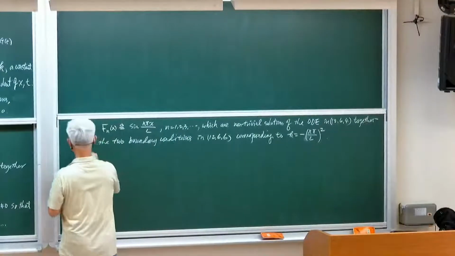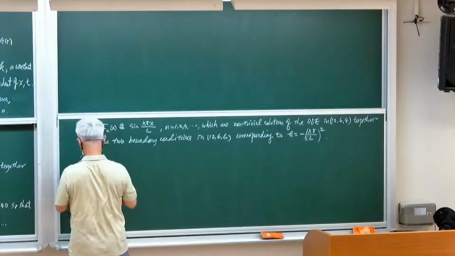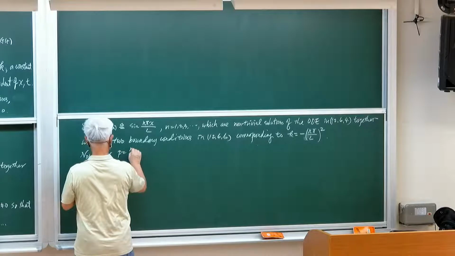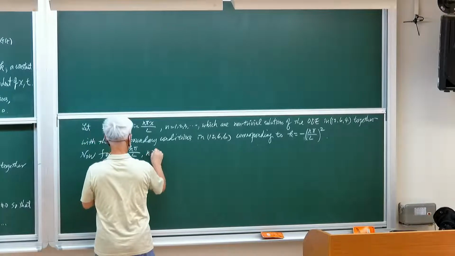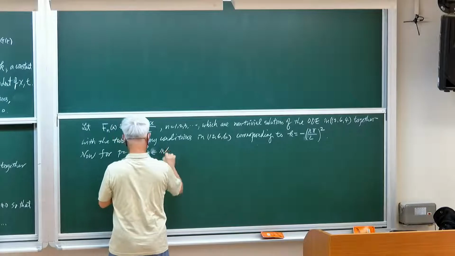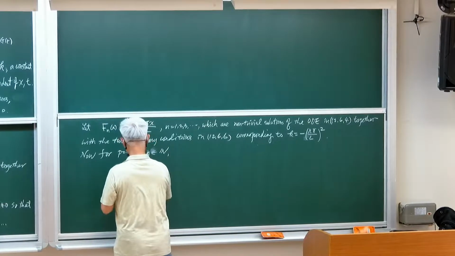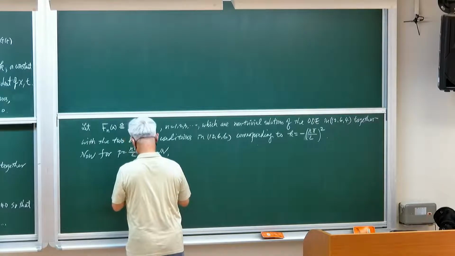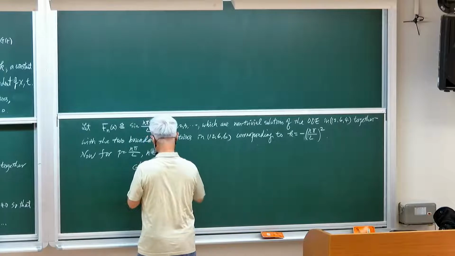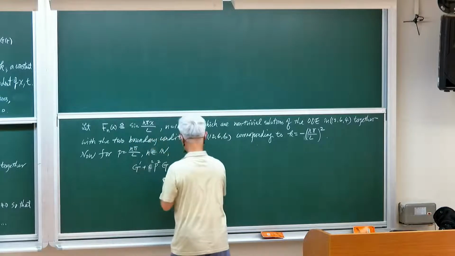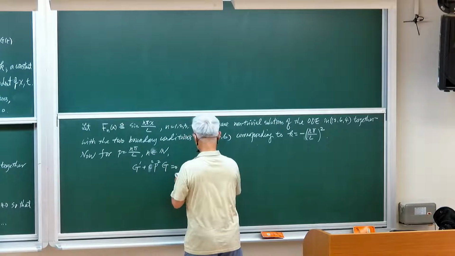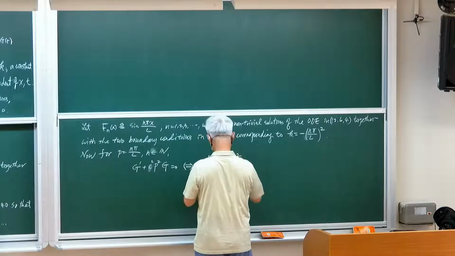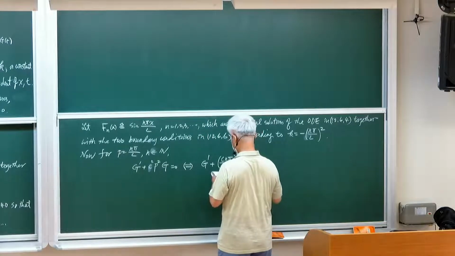All right, so now we want to solve the second ordinary differential equation. For p equal to n pi divided by L, we have G' plus c squared p squared G equal to 0, which is saying G' plus (c n pi divided by L) squared G equal to 0.